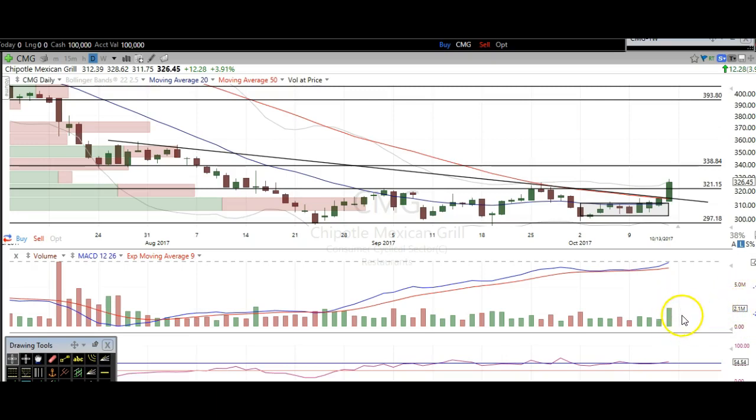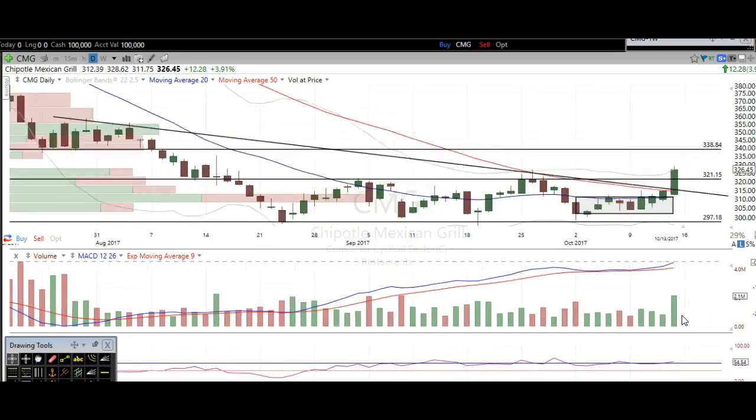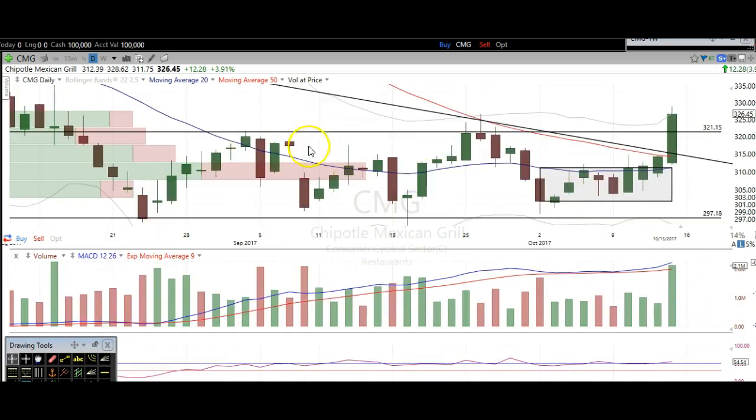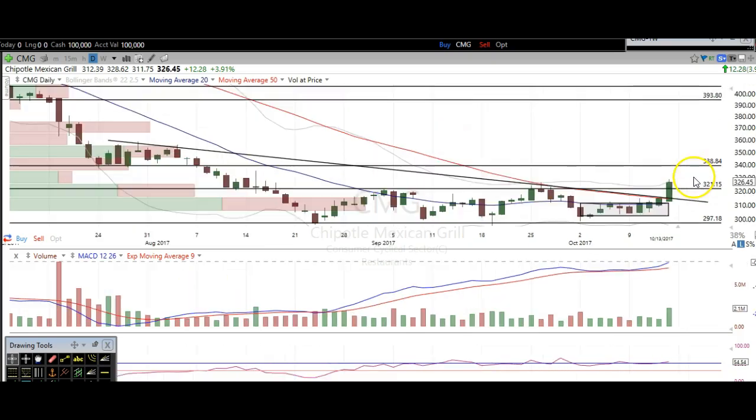Another thing too is not only are we over this resistance, but we traded sideways here for about a month and a half, so we built up a lot of energy for a move higher. That's what we're looking for on Chipotle, a move higher.